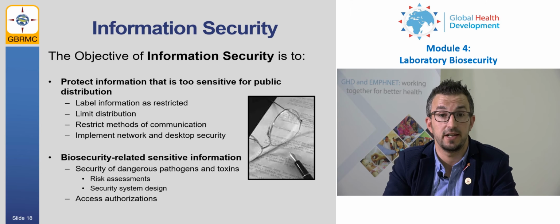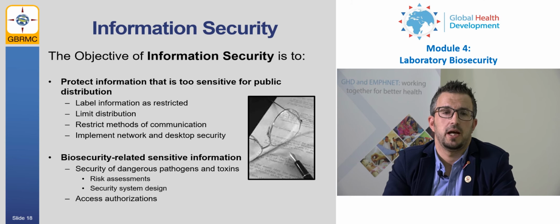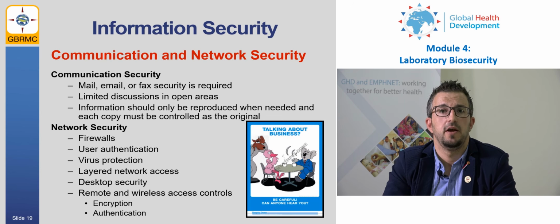This is very related to personnel management, to determine what kind of employees will have access to this material. And there are many network security tools we can use, like firewalls, user authorization, virus protection, and other components.